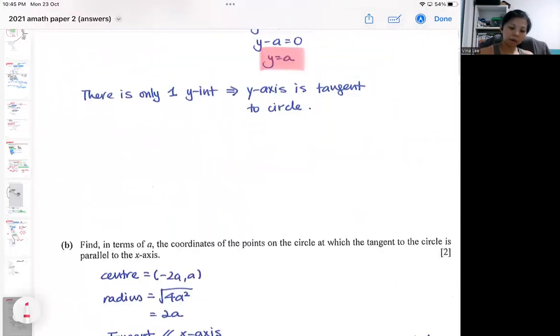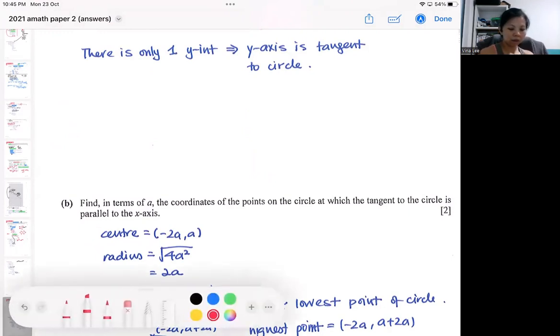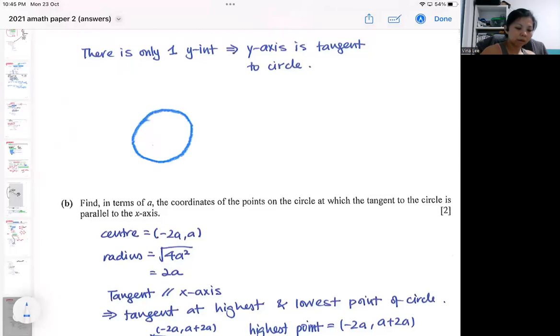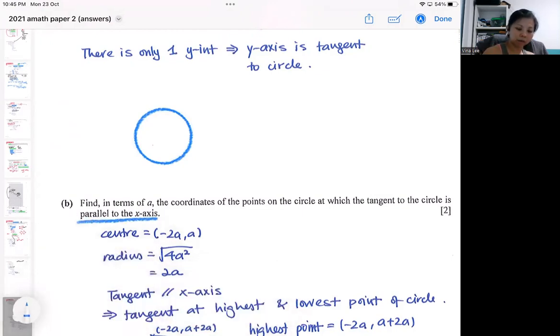Okay, then the second one, part B, we are interested in the coordinates of the point where the tangent is parallel to the x-axis. As a visualization, given any circle, the only way the tangent will be parallel to the x-axis, meaning horizontal, will be at the top or at the bottom.